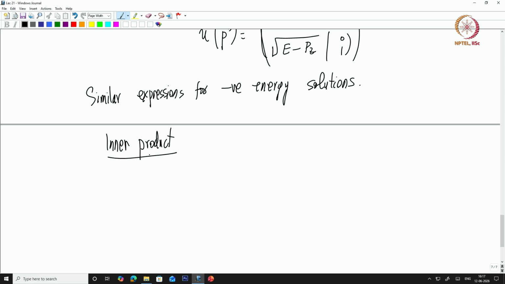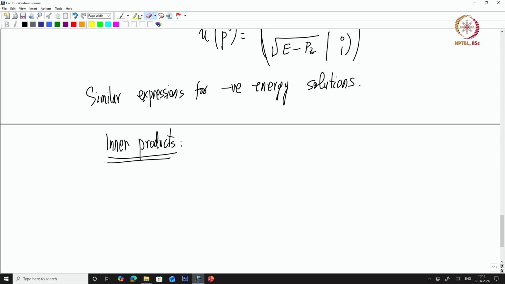Inner product. The inner product is essentially you take u of r, where r and s are the solutions xi 1 and xi 2, dagger, u of s of p.